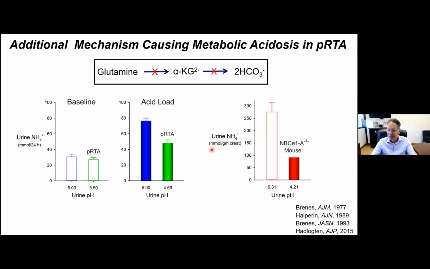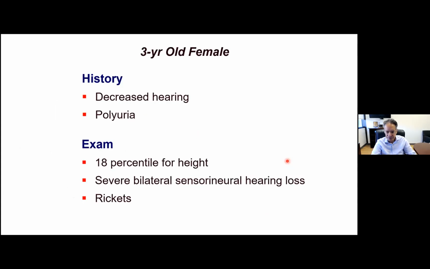And this has been replicated in the NBC-E1A knockout mouse, where if you look at the ammonia excretion in the wild type, it far exceeds what the NBC-E1A knockout mouse has in the urine. And again, it's been hypothesized that, well, maybe there's something that's abnormal about the intracellular pH in these proximal tubules, but that will contribute to the metabolic acidosis also.